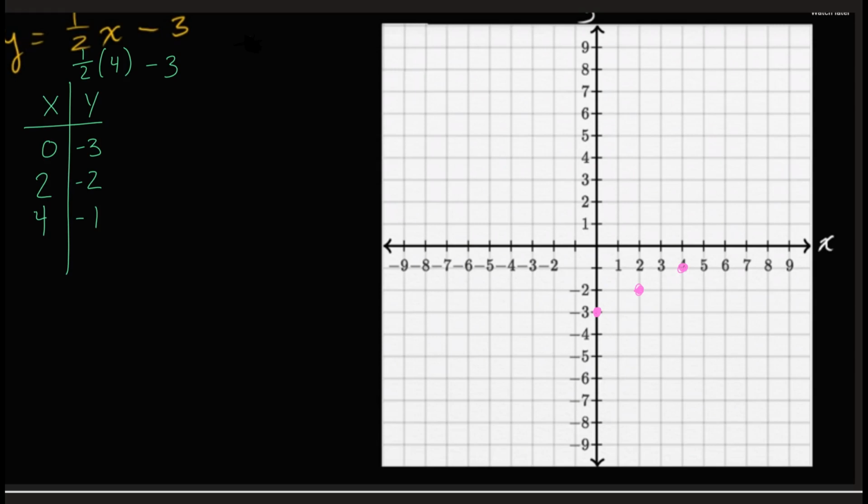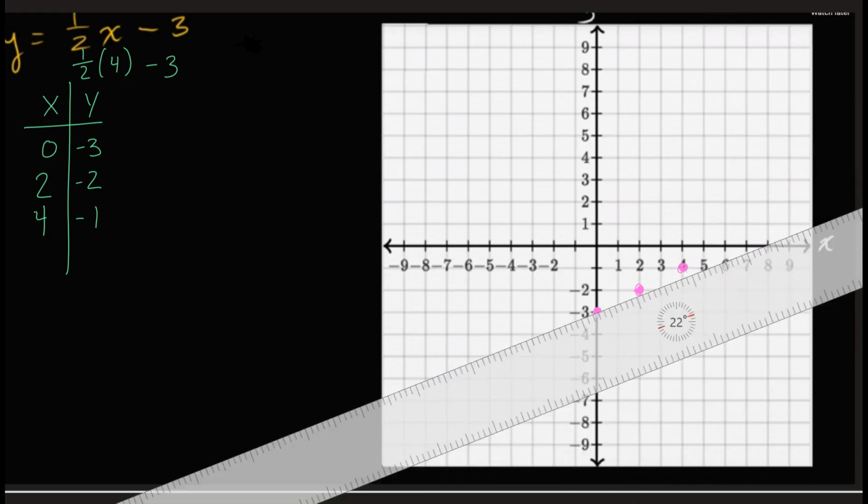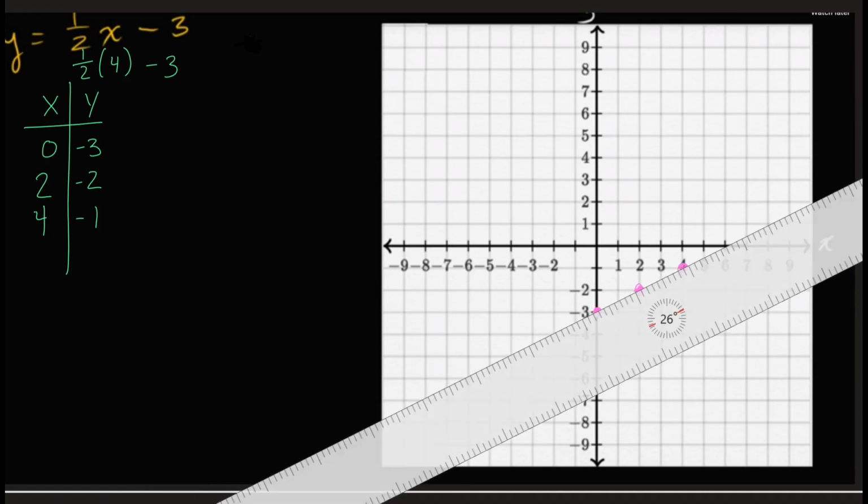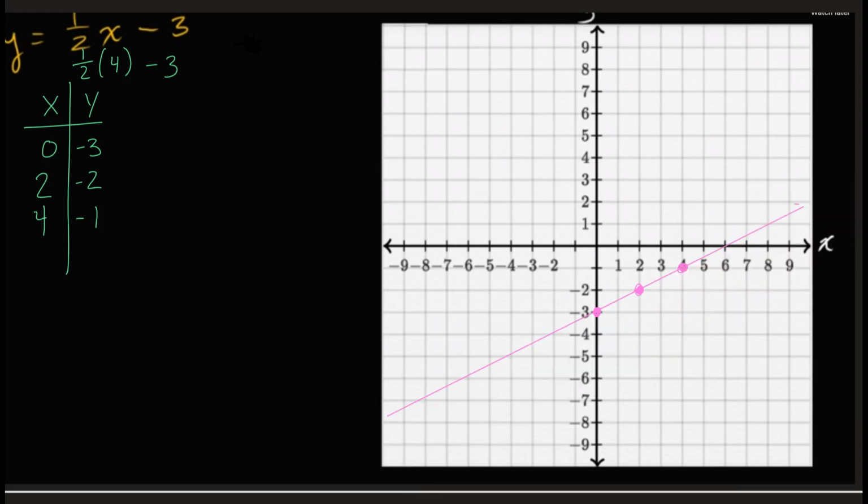And then I am just going to connect those points and draw my line. So I have my line, y equals 1/2 x minus 3.